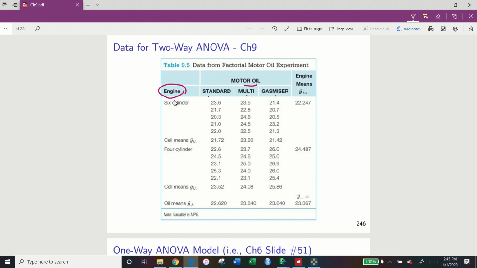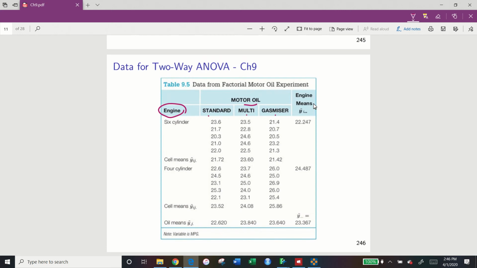So we now have 2 engines, a 6-cylinder and a 4-cylinder engine. And because we have these different engines and motor oils, we're going to have more means involved. So for our engine means, we can see that they're going to be abbreviated Y bar I dot dot.